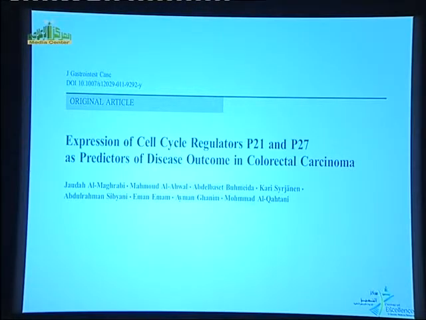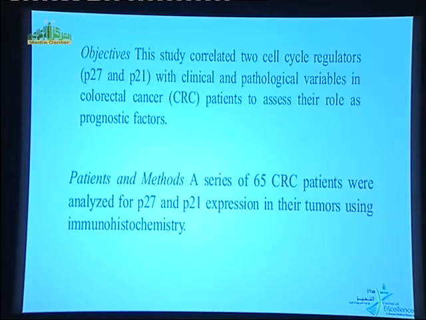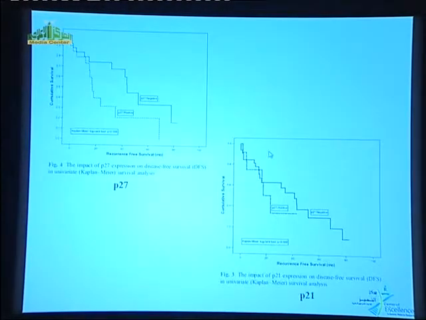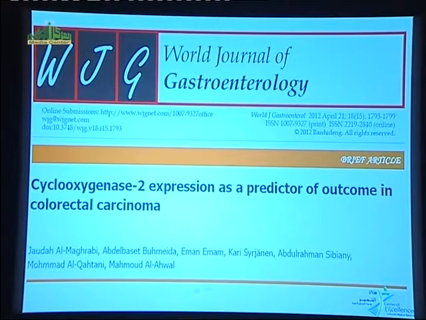In other work, we looked at the impact of P21 and P27 as prognosticators in our samples, and it seems by immunohistochemistry that P27 is more powerful than P21 as a prognosticator. The other marker, cyclooxygenase 2, is very important as a predictor in our samples.